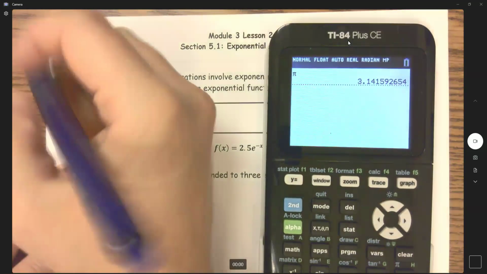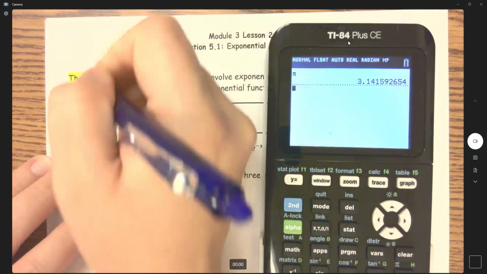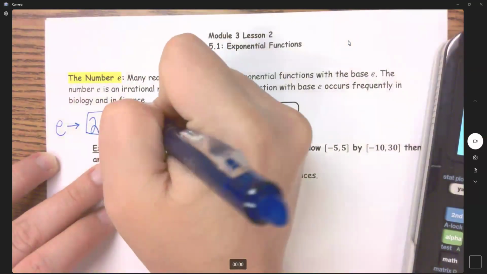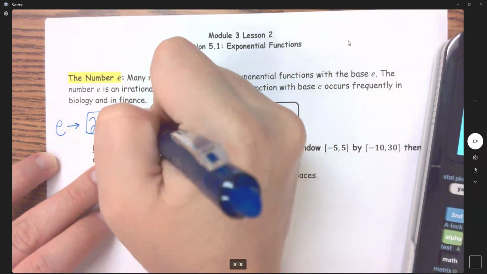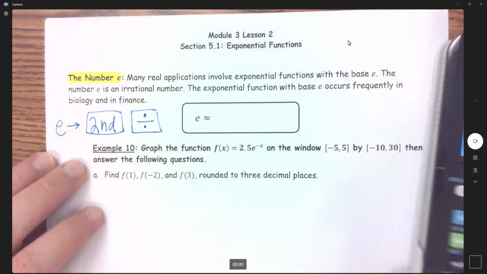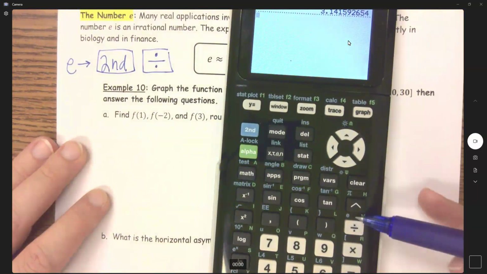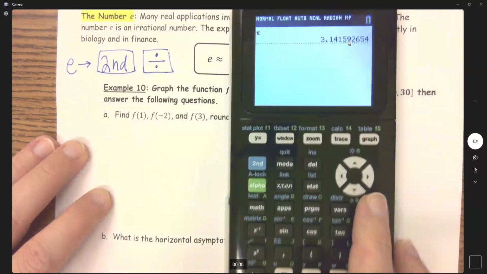To get to e in our calculator, we will hit second and then divide. Okay, and you can see e is right here below our pi button.